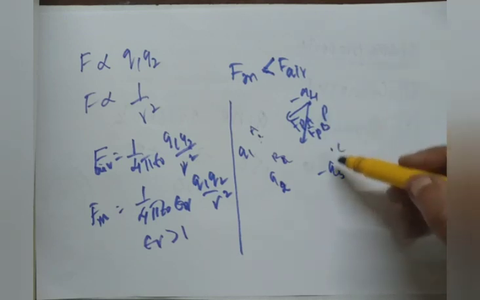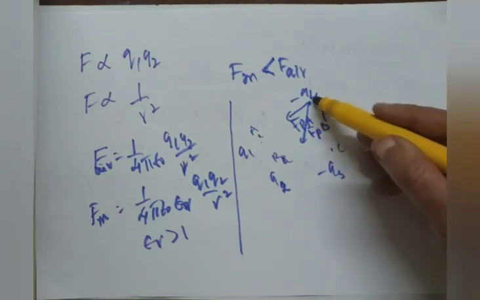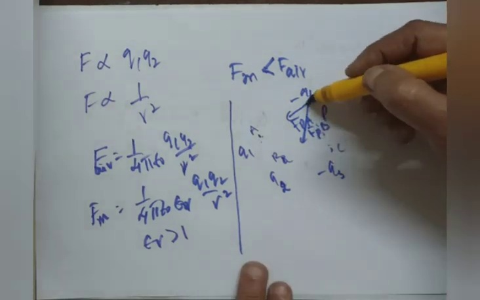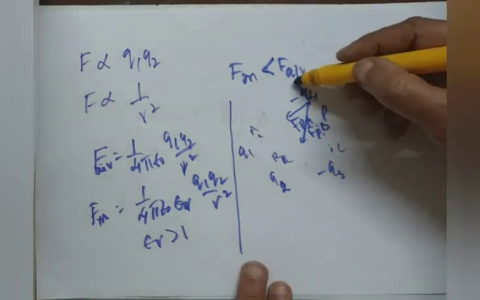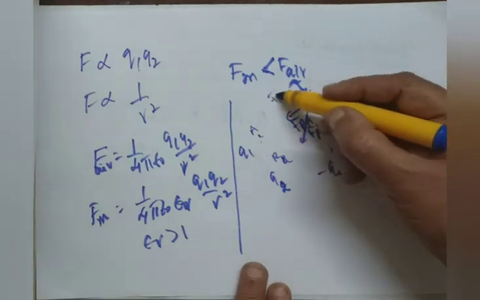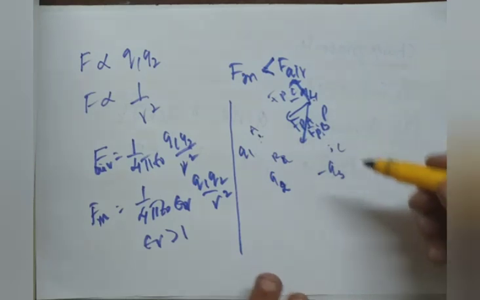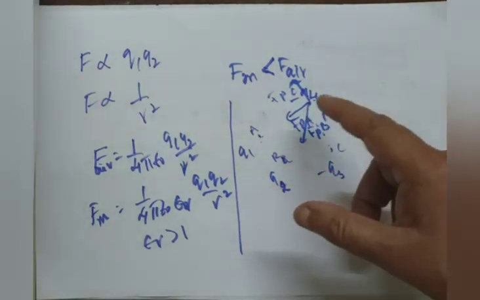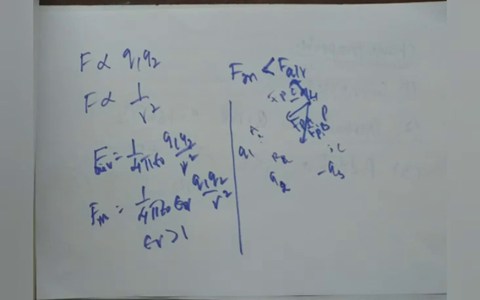And FPC, observe, say Q4 is negative, QC is negative. So on the line joining P and C, it shows repulsion. We call this FPC. So if you want to get the net resultant force here, we have to take the vector sum of all these forces, and that is done using resolution when more than two forces are there.